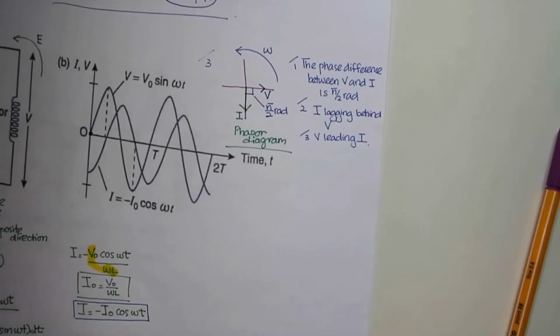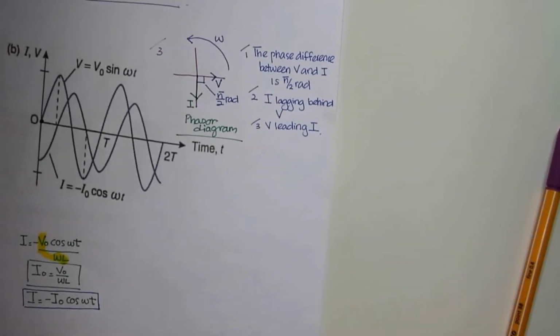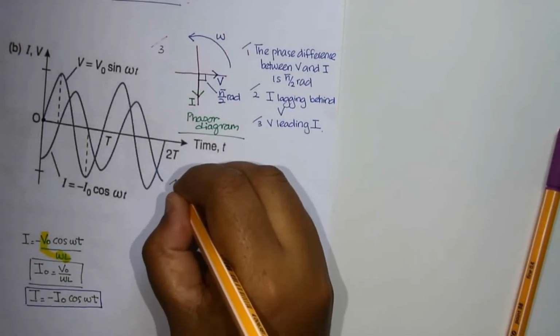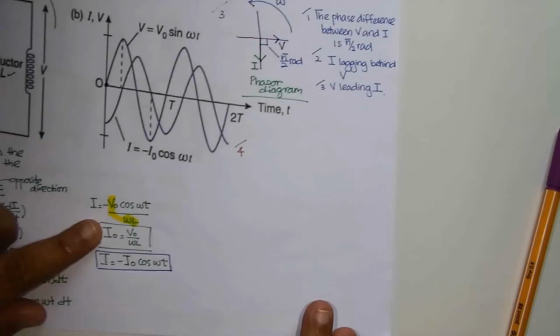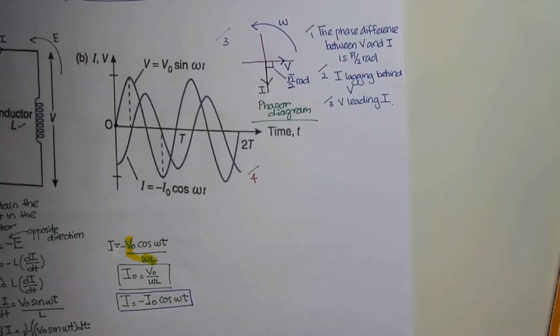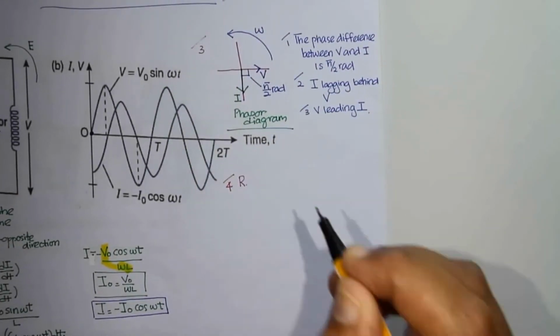Okay, we already explained the phase difference between the current and the voltage for a pure inductor. Let's look at number 4, which is reactance. We want to define the reactance of a pure inductor. So we go back here.